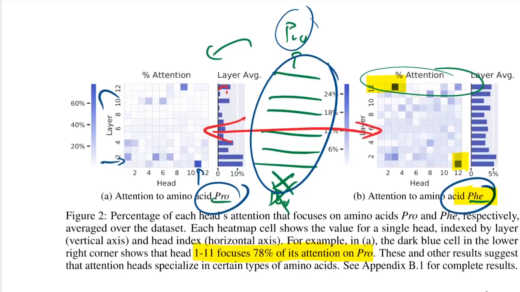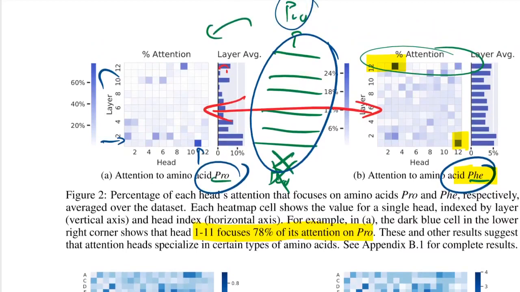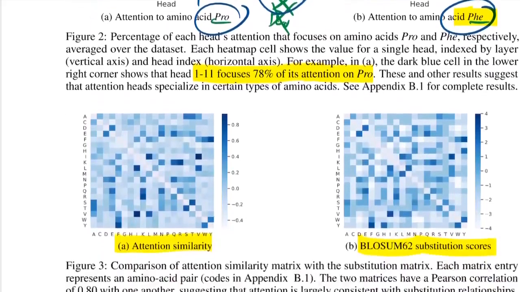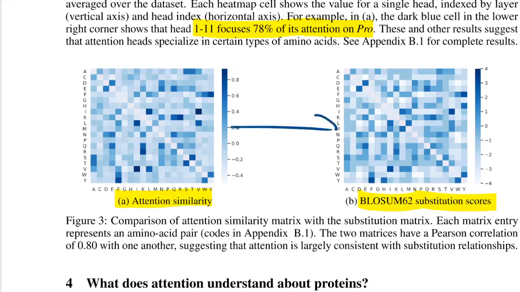So we hypothesize that a high correlation means that the function of the amino acid is similar, and therefore we can substitute it easily. This here is the matrix of the correlations between each two attention patterns of these amino acids. And if you compare the two right here, they look extremely similar.